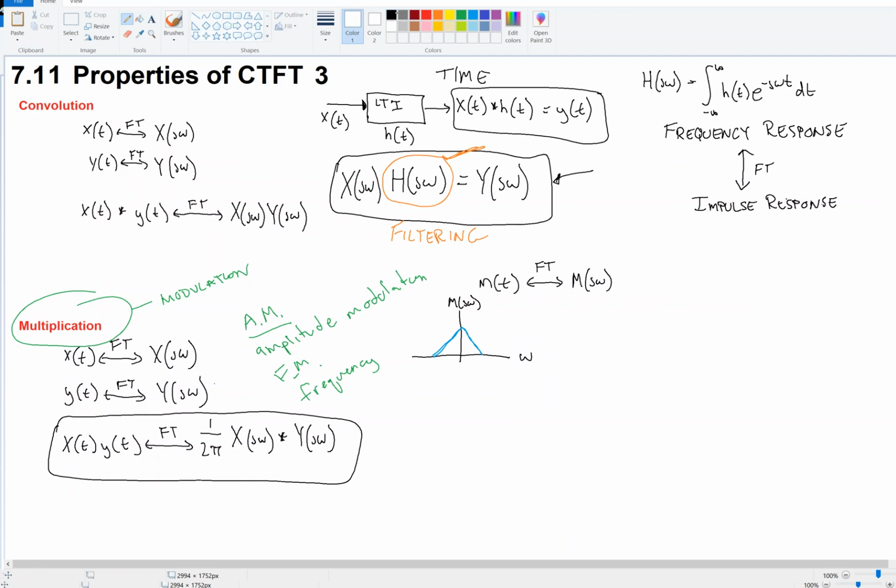Now, any practical message will be band limited, meaning anything you see in any application is going to have a highest frequency and then no energy after that highest frequency. That's a band limited signal, and since it's centered around 0, we would call this a baseband signal.